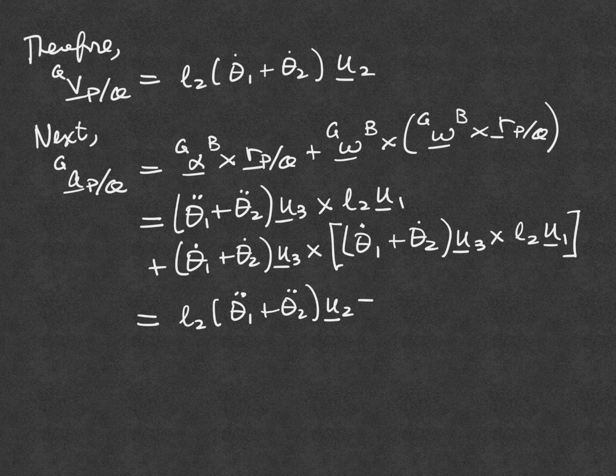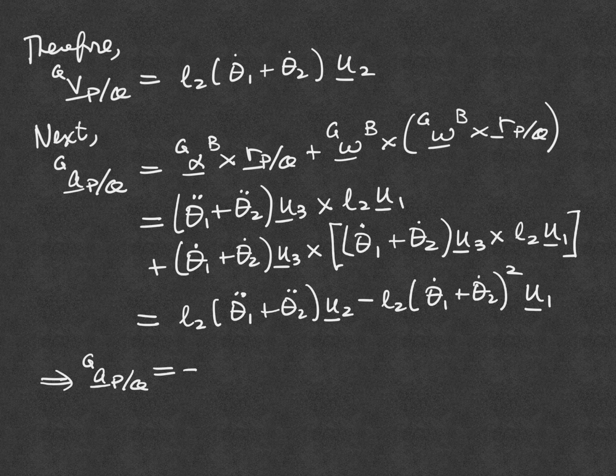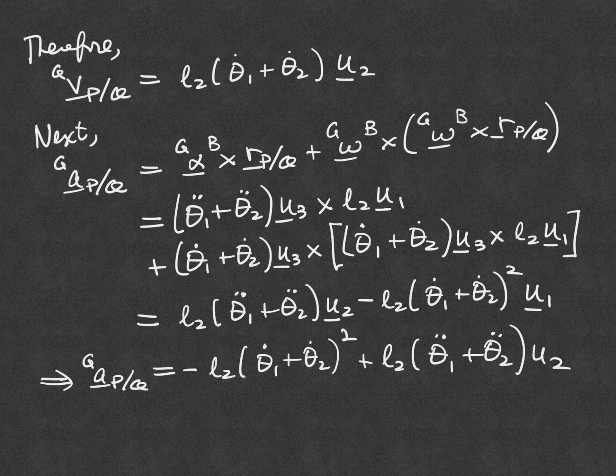So this gives minus L2 times theta 1 dot plus theta 2 dot squared times u1, which I can of course put back in the order of the basis, u1, u2, u3, and that gives minus L2 times theta 1 dot plus theta 2 dot squared plus L2 times theta 1 double dot plus theta 2 double dot times u2. So that's the result for this problem.